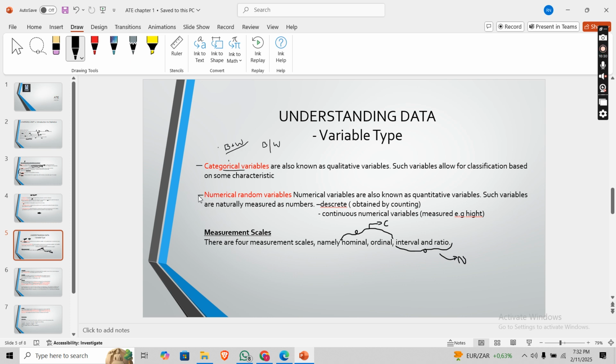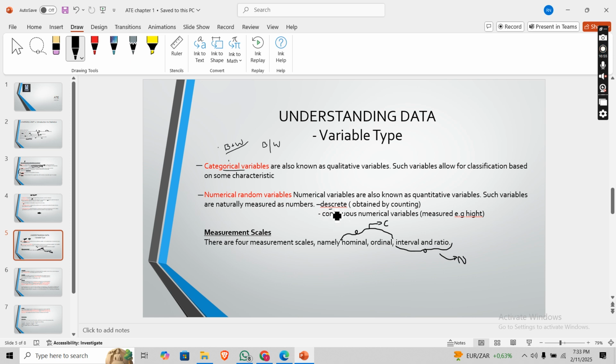Contrary, numerical random variables are naturally measured as numbers and are also called quantitative variables, okay? So numerical random variables can be discrete or continuous.